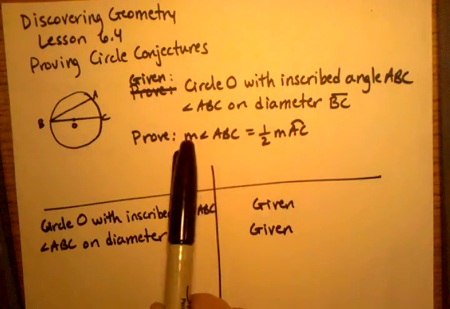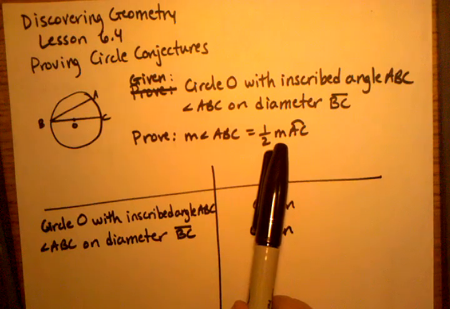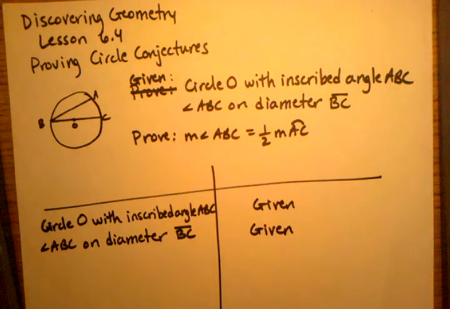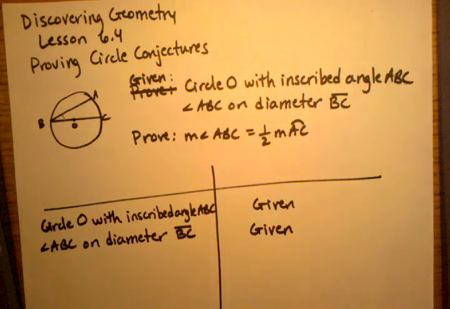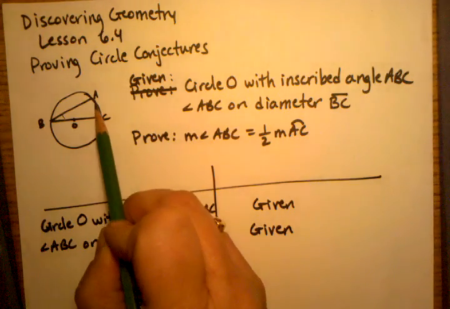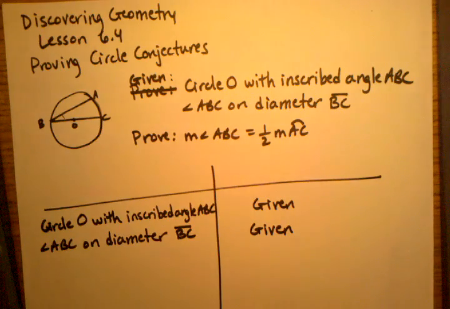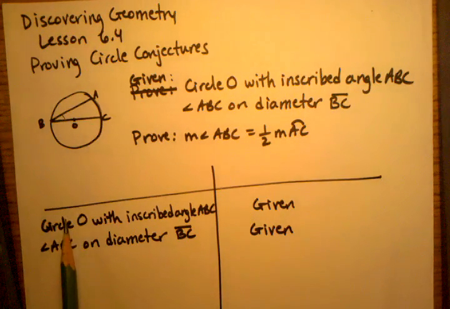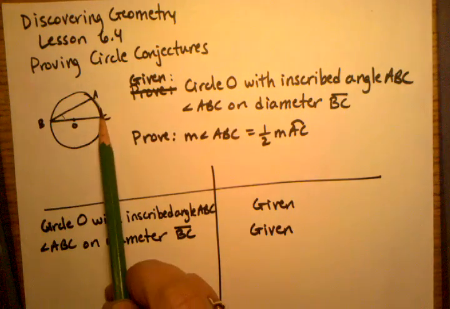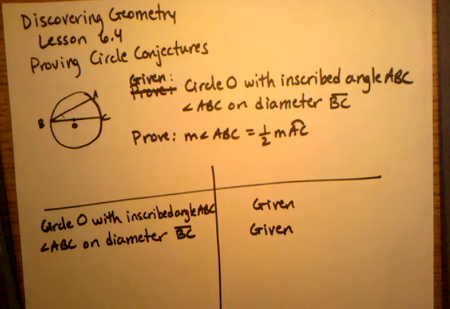We want to end up being able to say for sure that the measurement of this angle, angle ABC, is always going to be half the measurement of arc AC when an inscribed angle has one side on the diameter. That's what we want to prove.